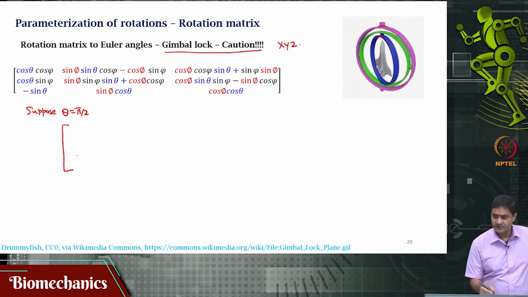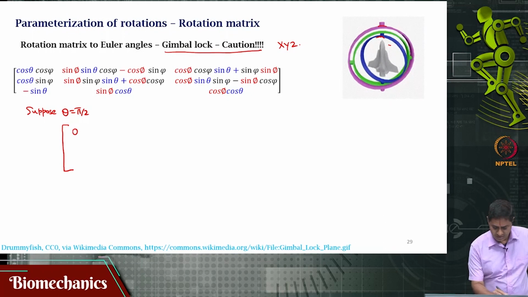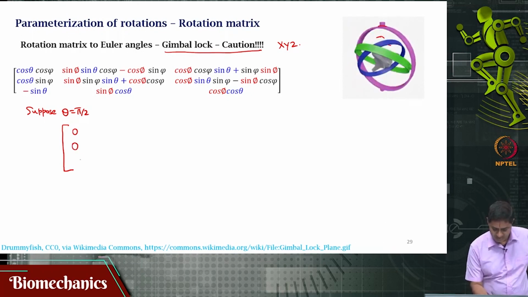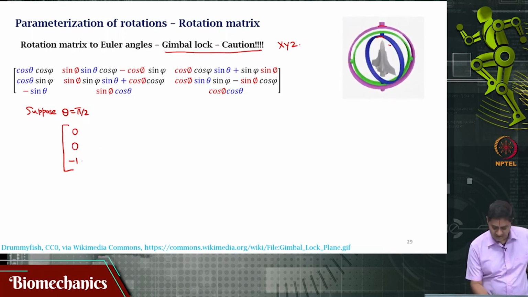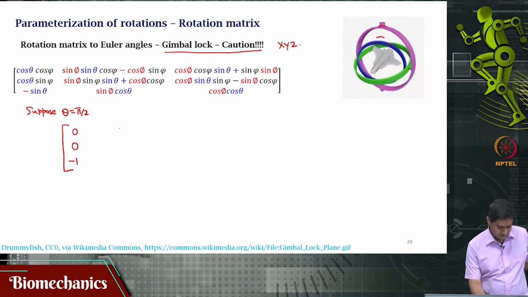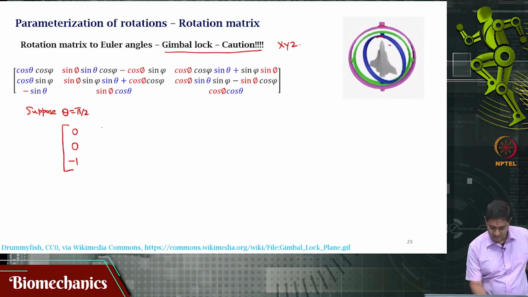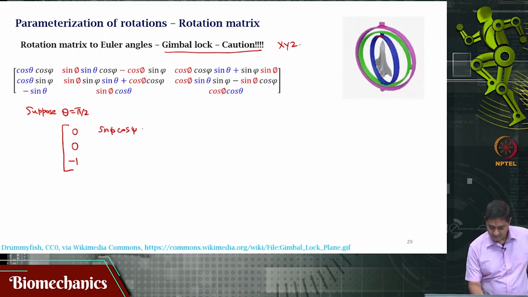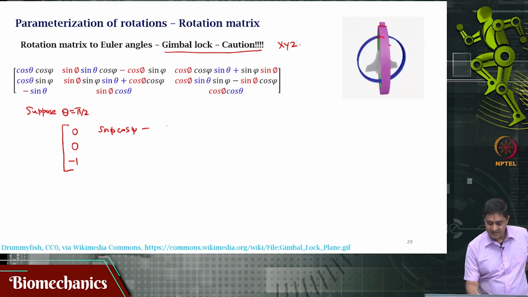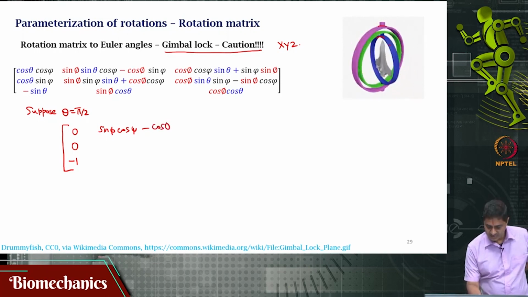Cos theta, well, cos 90 is 0, and again the second element cos 90 is 0. Minus sin theta: sin 90 is 1, but it is minus sin theta, so that will be minus 1. The next one has sin phi sin theta cos psi, and because sin theta is 1, that becomes sin phi cos psi minus cos phi sin psi.